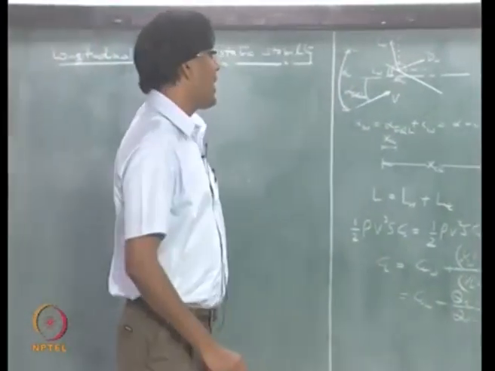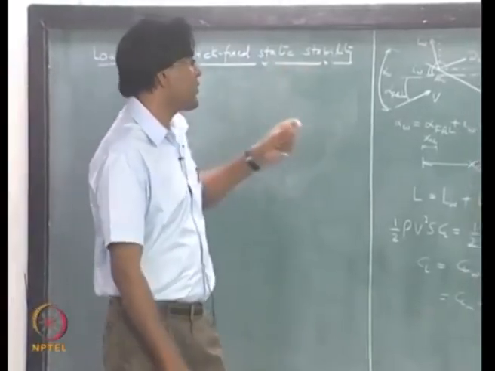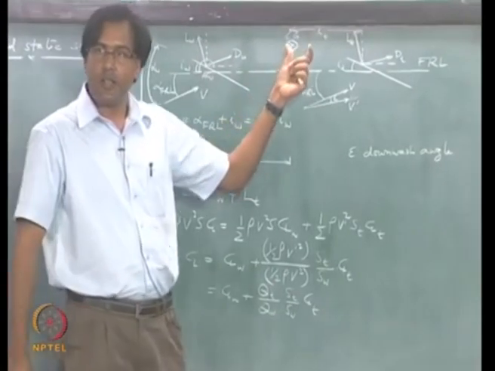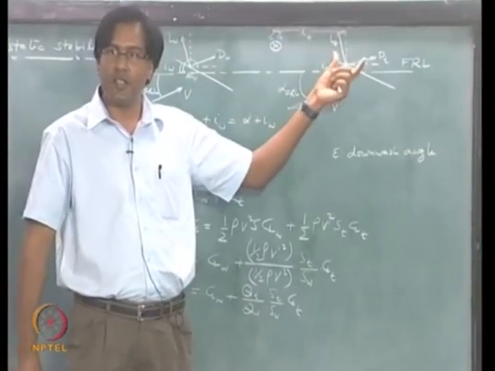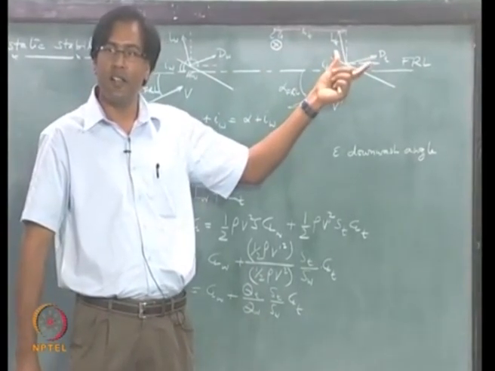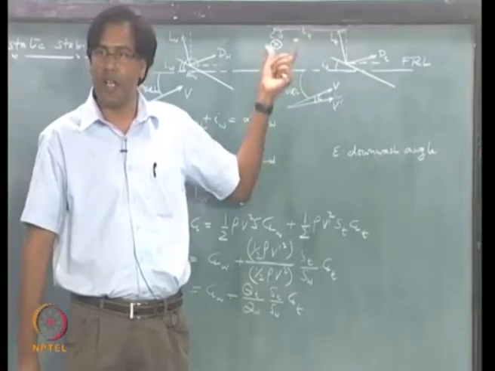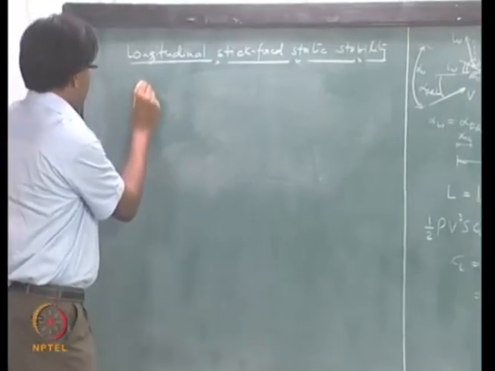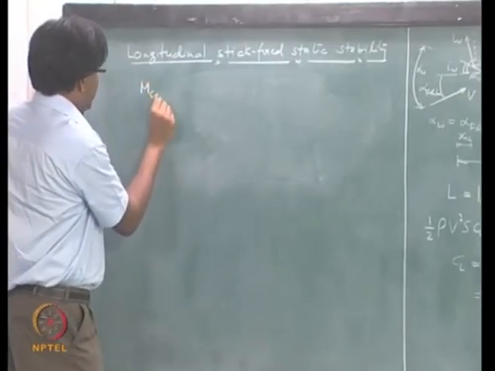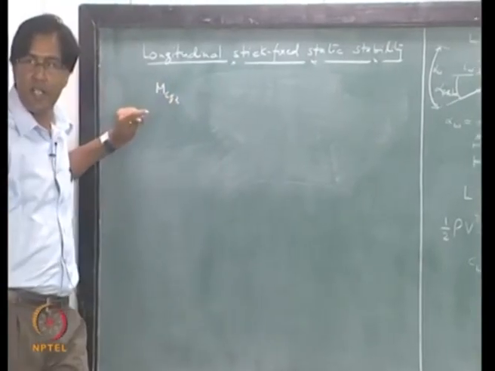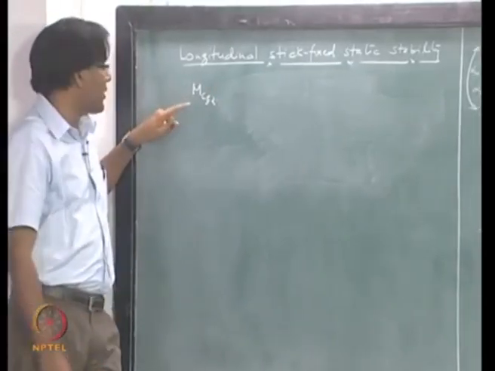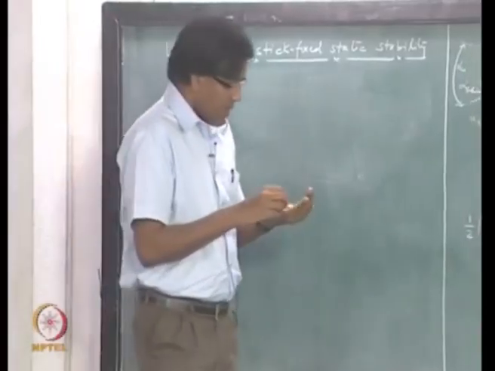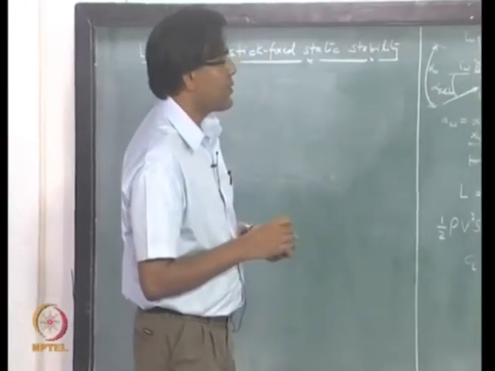Okay, what is our objective? Our objective is to find out the moment of the forces at the tail about the CG of the aircraft. So we want to find out an expression for M CG of the tail. What is that going to be?